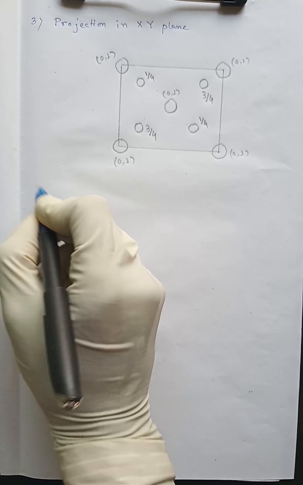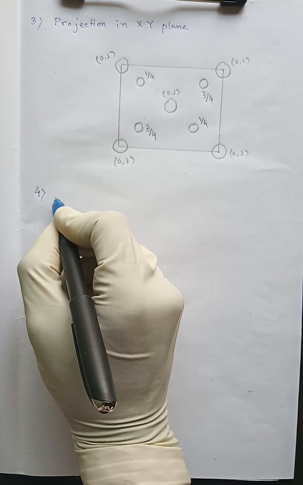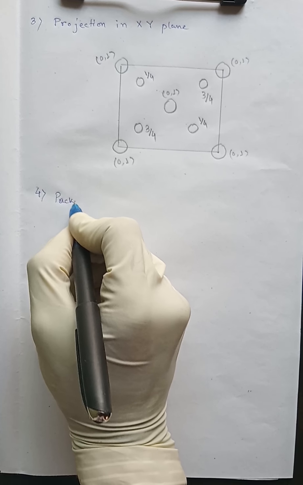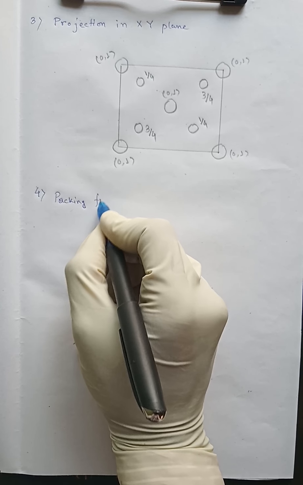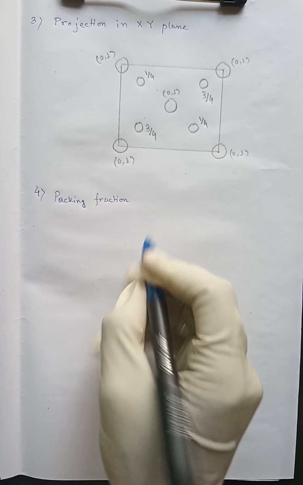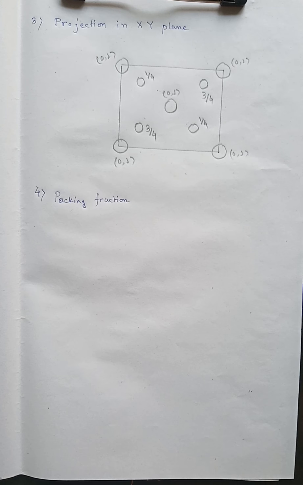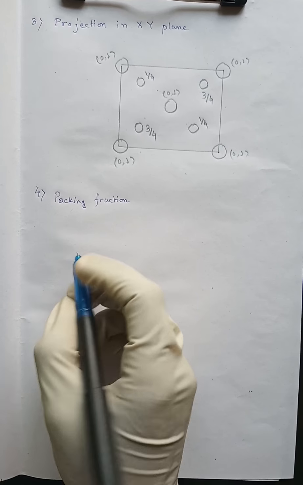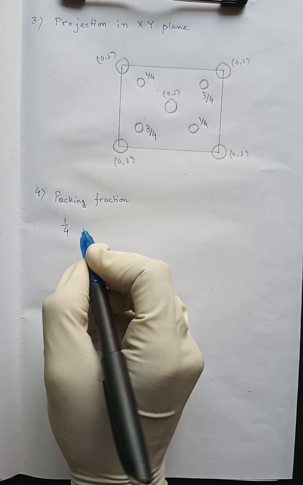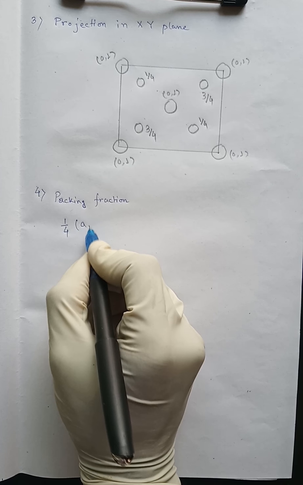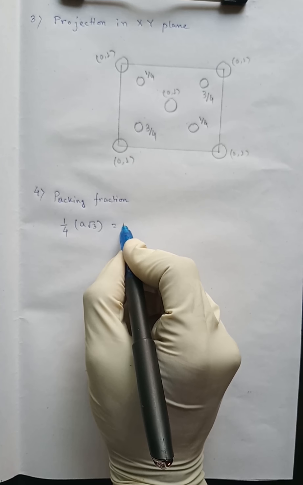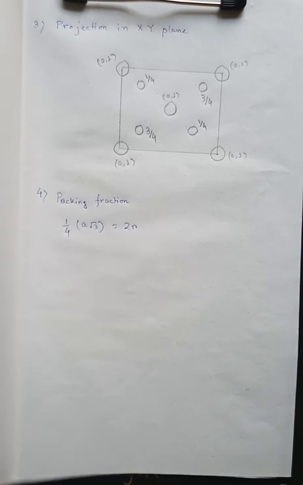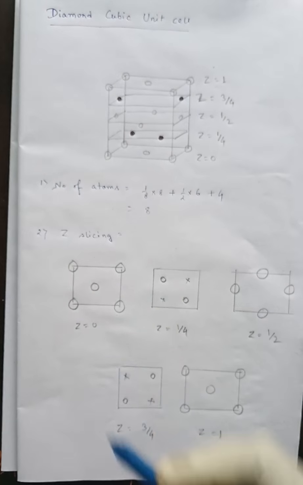Now let's do the packing fraction. In case of this, we have to consider the 1/4 of body diagonal. So 1/4 of the body diagonal means a root 3 is equals to 2r. Look at this position.